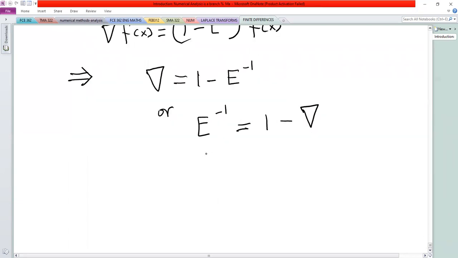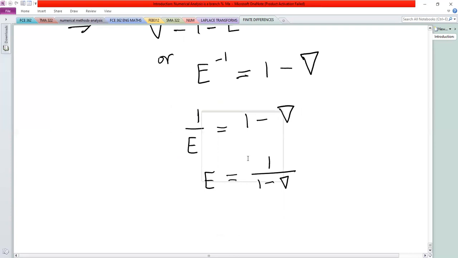Or we can write this one as 1 over e is 1 minus backward. So, which implies that e reciprocal will be given by 1 over 1 minus backward.